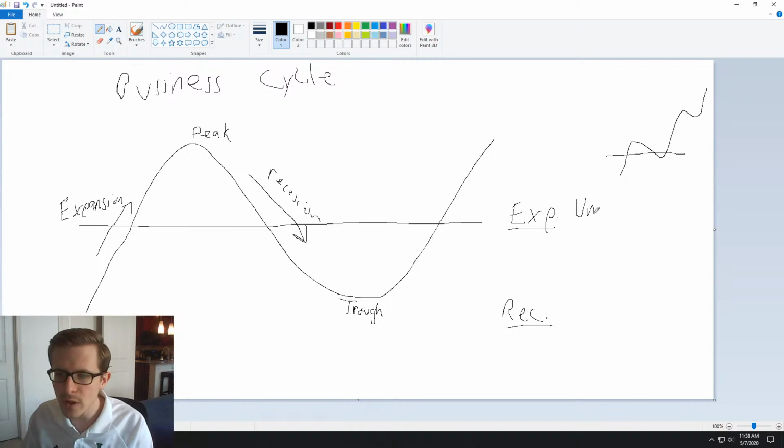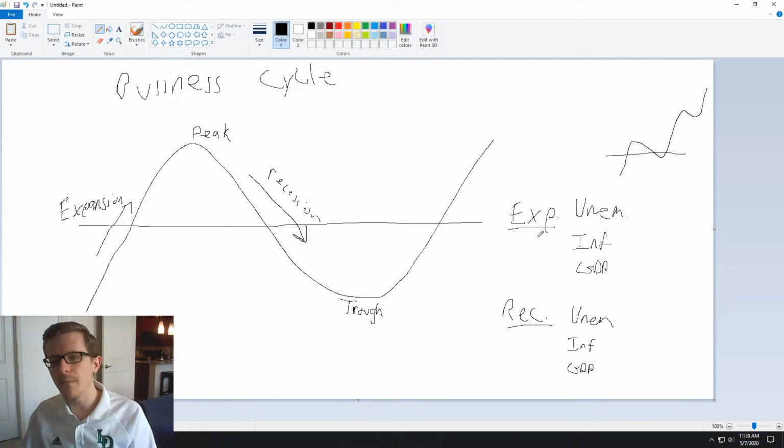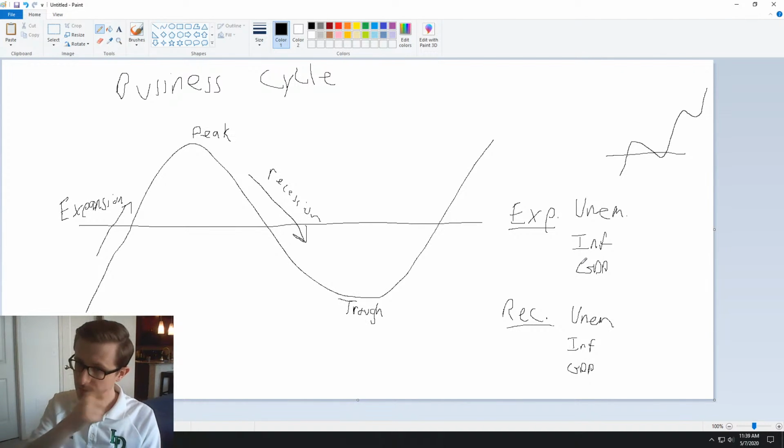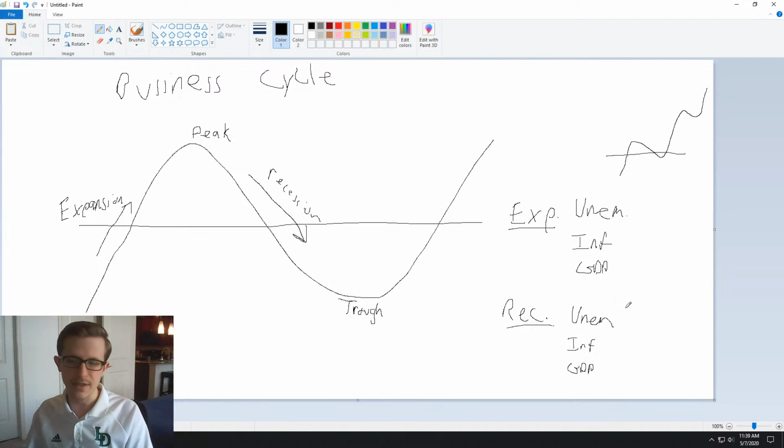We have unemployment, we have inflation, and we have GDP. And then on the other side, recession, we have unemployment, we have inflation, and we have GDP. Both of these are going to have different implications, and they're going to interact with these different indicators in different ways.